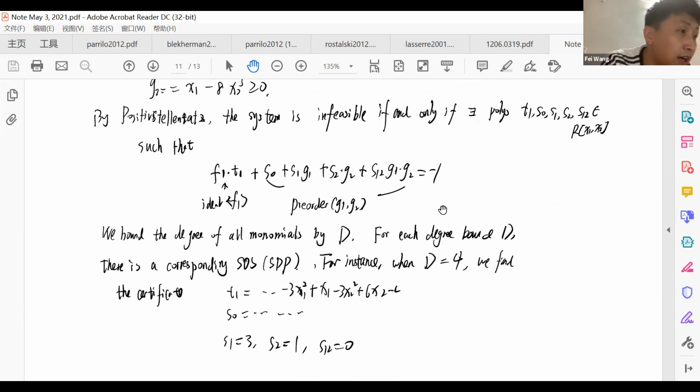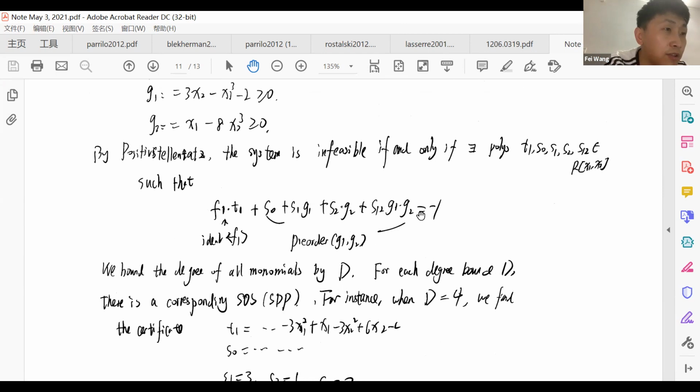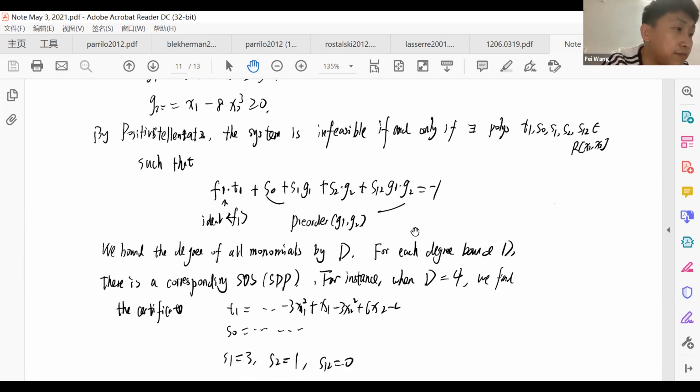So now how do we actually use this condition to show that there exists such a polynomial, such that this condition holds?